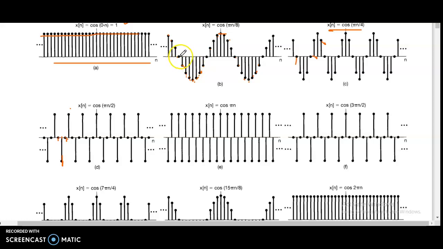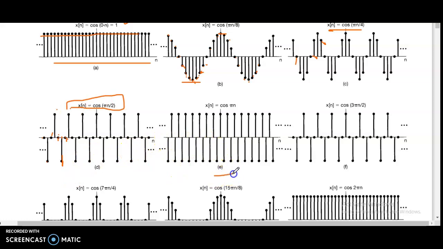It means 0, 1, 2, 3, 4. 4 is the maximum. So minus 3, minus 2, decaying, 0. 3, 2, 1, minus 1, 0. Then like this. Here 0 minus 1, then 0 plus 1, 0 minus 1. In this, x of n equal to cos of pi n divided by 2.